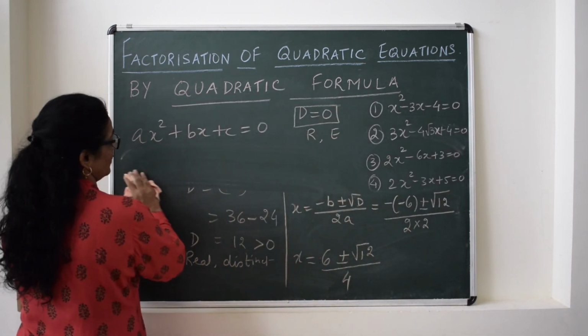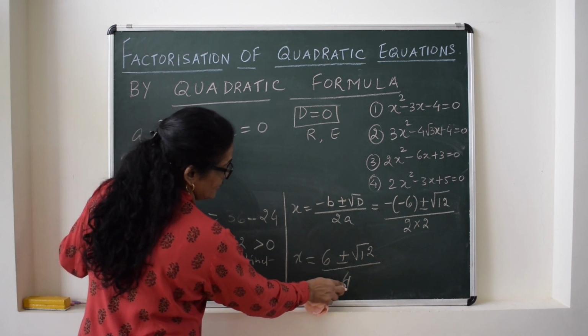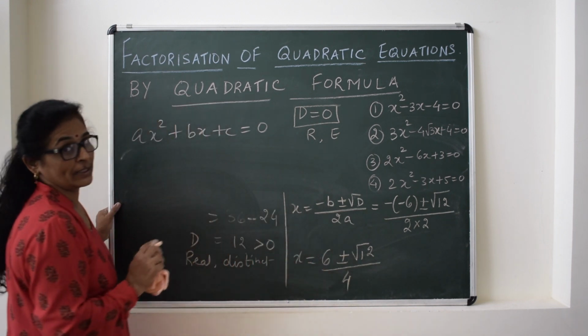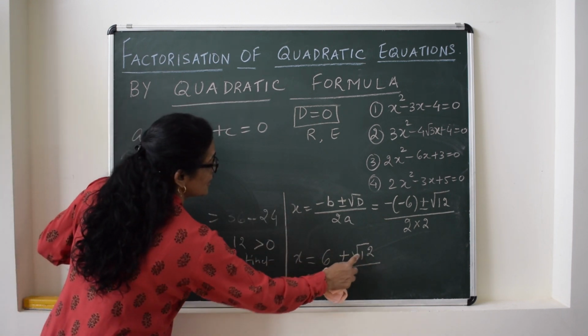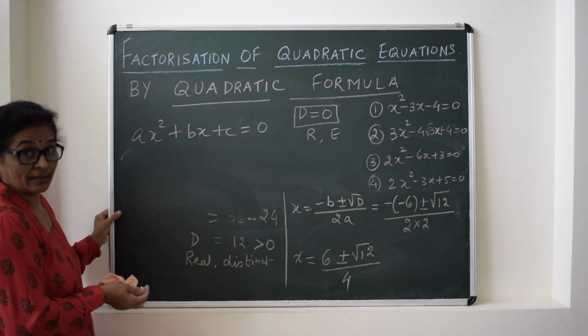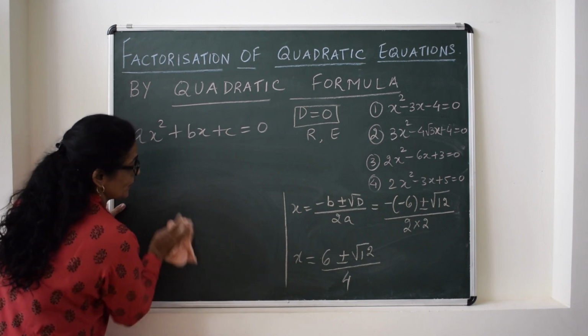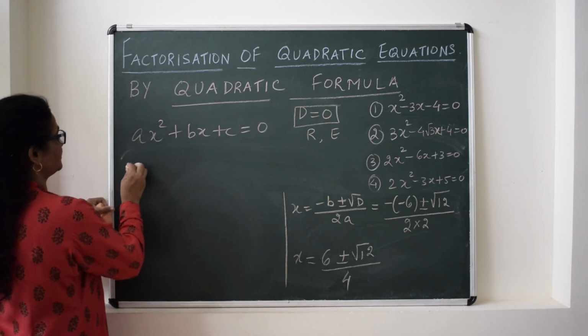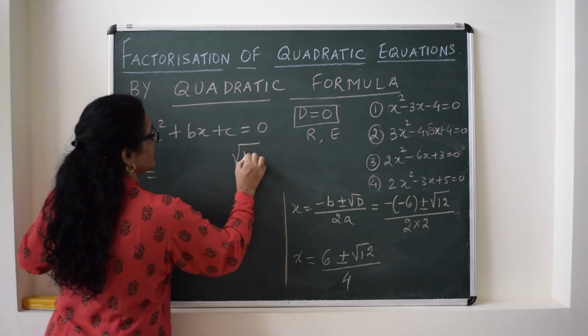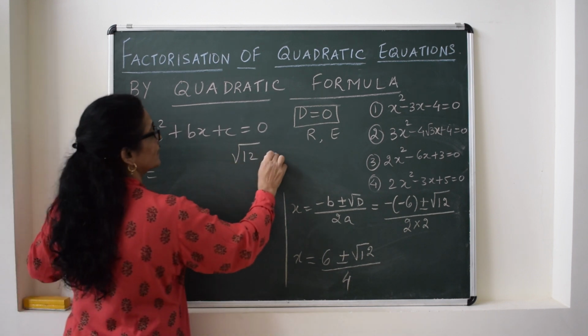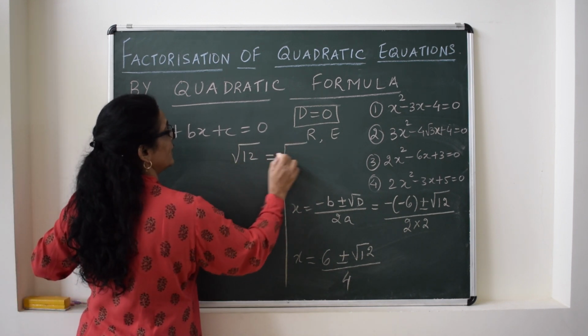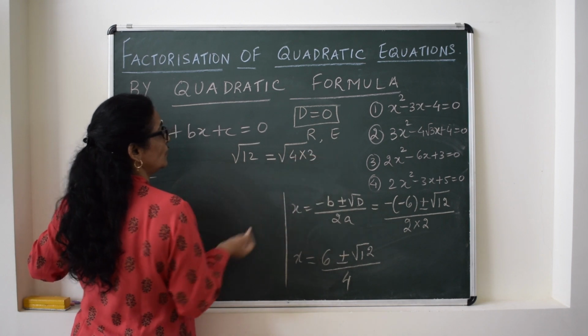Sometimes children commit a mistake of cancelling this and this term, which cannot be, because here the terms are separated by a plus and minus sign. We cannot cancel it, but we can solve it further. This 12 is under the radical sign, which can be further simplified because 12 can be written as 4 into 3.